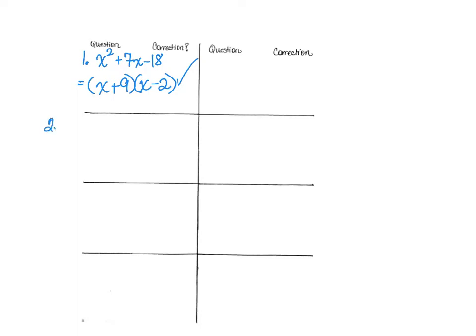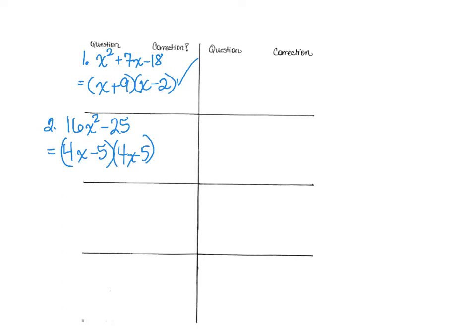All right, and then you just go to the next one. So number 2, and if the question was 16x squared minus 25, and then I'm just going to pretend like I made a mistake here. So if I typed in 4x minus 5 times 4x minus 5, once I hit enter, it's going to tell me that it's incorrect.